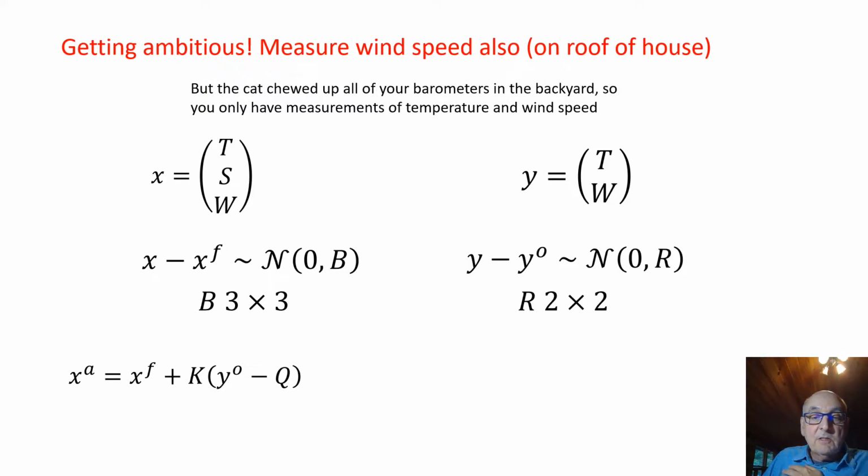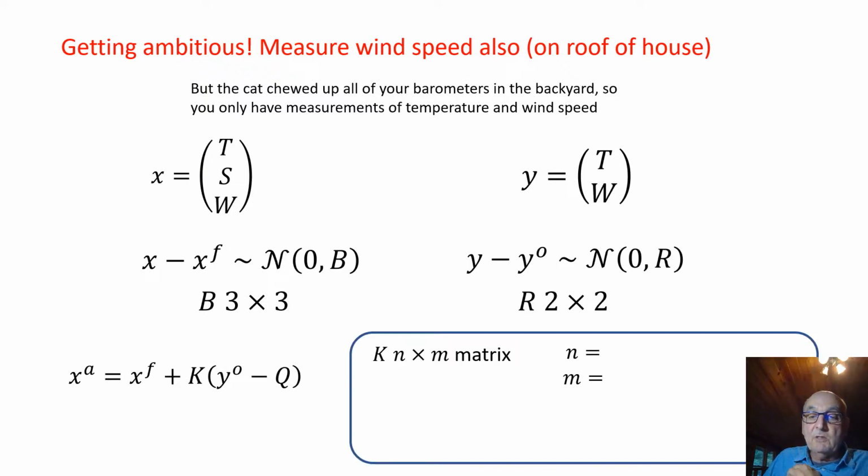So the question is now, what is the gain matrix going to be? What are the dimensions of it going to be? Well, it's clear that it's going to be multiplying a 2-vector and producing a 3-vector, right? So it's an n by m matrix, with n rows and m columns. n is going to have to be 3 and m is going to have to be 2. So it is no longer a square matrix.